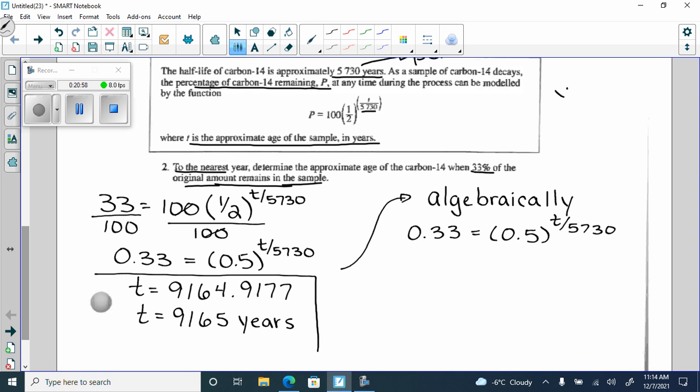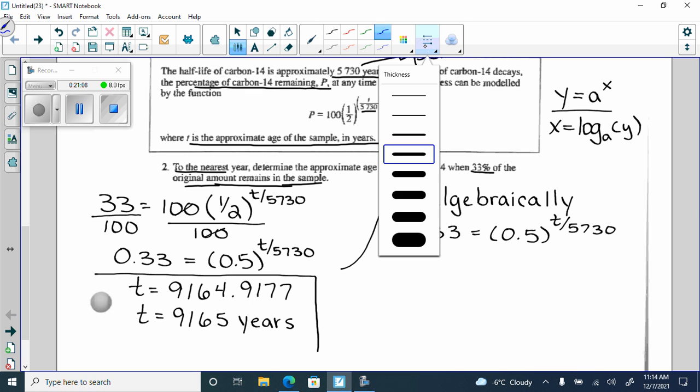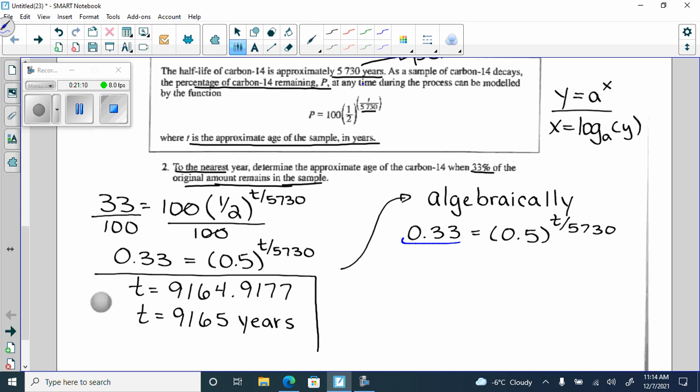So we have y equals a to the x equals log base a of y. This one doesn't have a log, so I'm going to line it up with that one. So this is y, a, x. So I get x equals log base a of y.